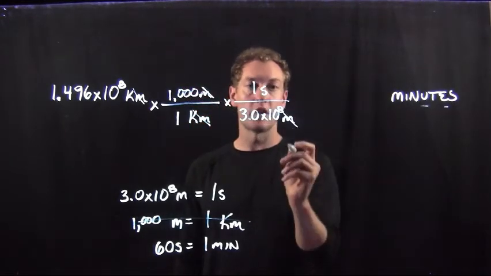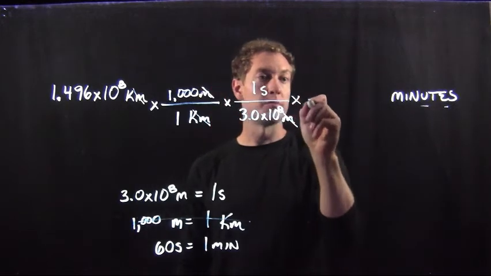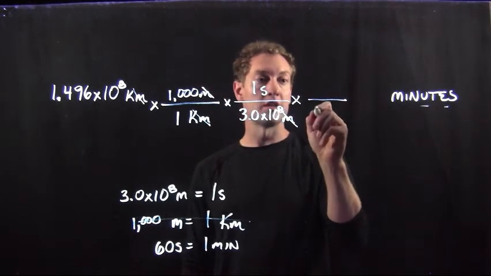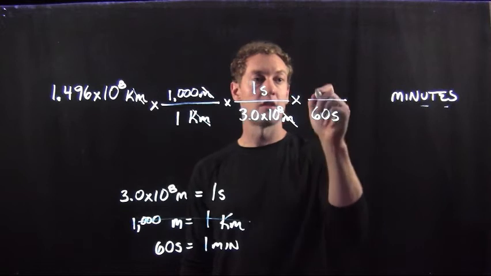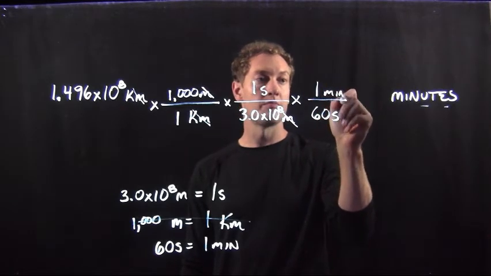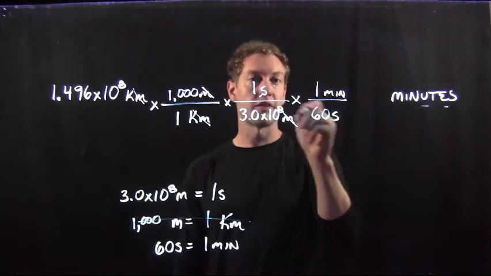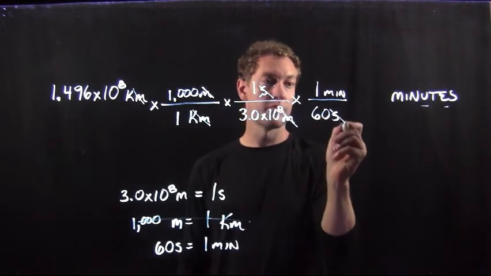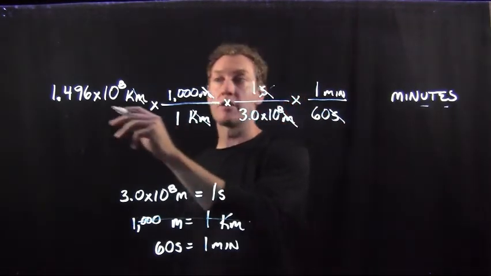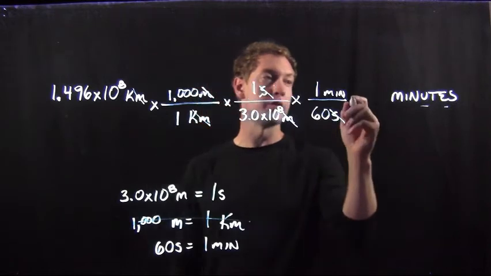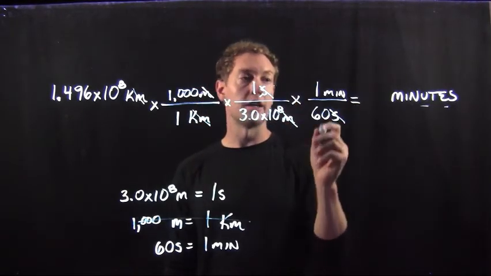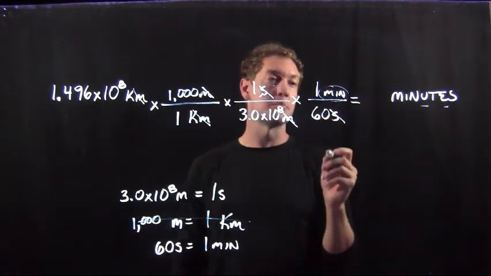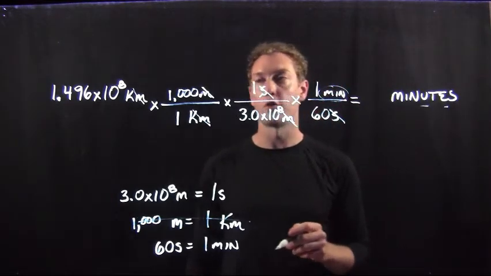Meters divides away. Times, and then it is 60 seconds for every 1 minute. Seconds divides away. And now we're left with nothing but numbers, all the units divided away, and the only one left standing is minutes, which is what I was aiming for.